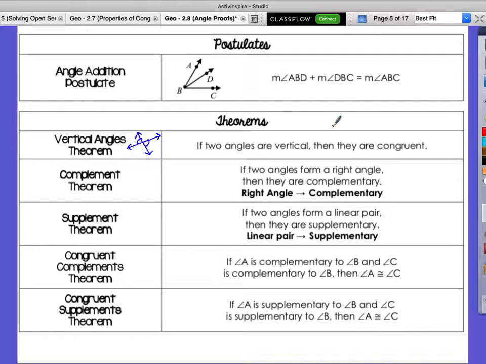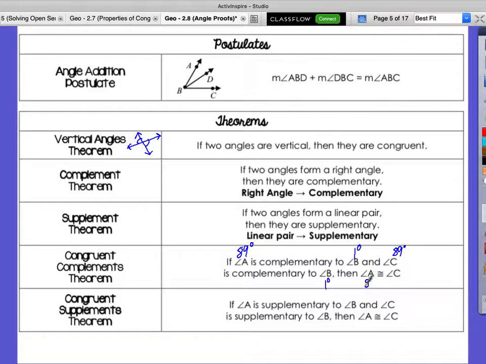Cool. 89. Okay? So angle A is 89 degrees. What would angle B have to be in order to be complementary with that? 1 degree. Okay? If angle B is 1 degree and angle C is complementary with that, what's angle C have to be? 89 degrees, to be complementary with this 1 degree.